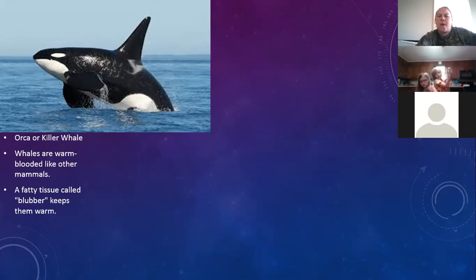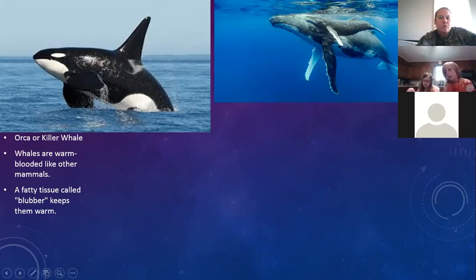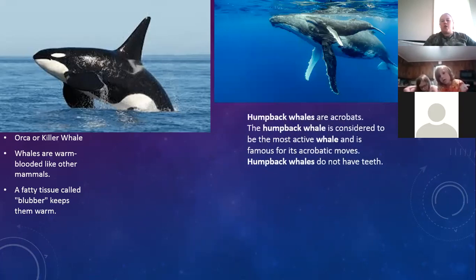Crazy. Okay, here is your next picture. Who knows what animal that is? Somebody said it at the beginning when we said what we were going to talk a lot about. Humpback. That is the humpback whale. Humpback whales are acrobats.